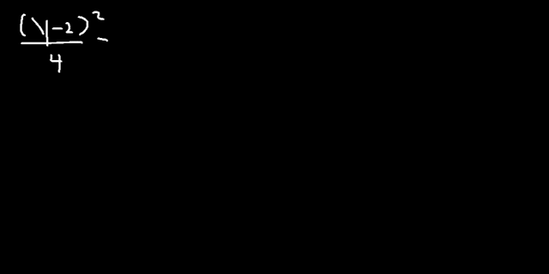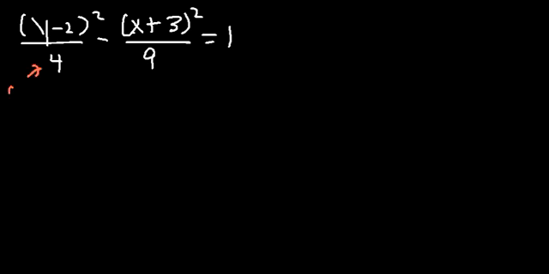Now, for the sake of practice, we're going to try one more example. Let's try this one. Actually, let's start with y this time. So (y minus 2) squared over 4 minus (x plus 3) squared over 9, and that's equal to 1.